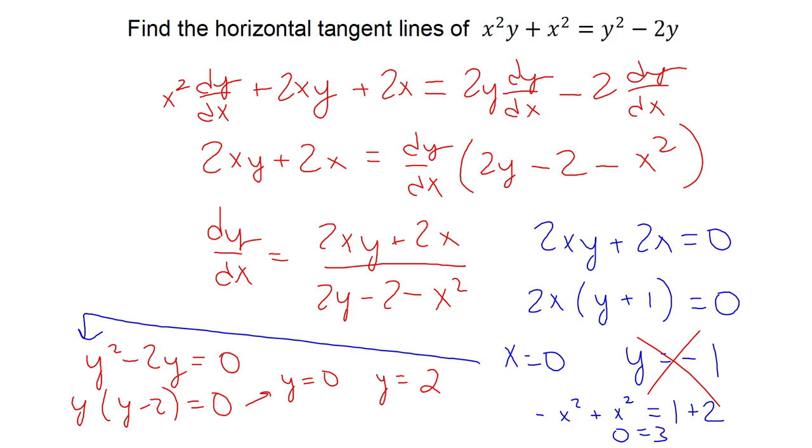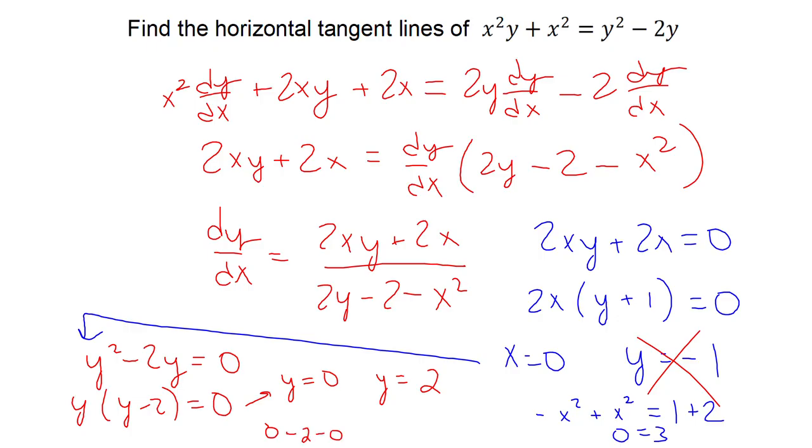And we know that both of those are going to make our numerator equal to 0, but we have to check them in the denominator of our derivative to make sure that they don't make it 0 as well. If I plug in 0 for x and 0 for y in my denominator, we get 0 minus 2 minus 0.